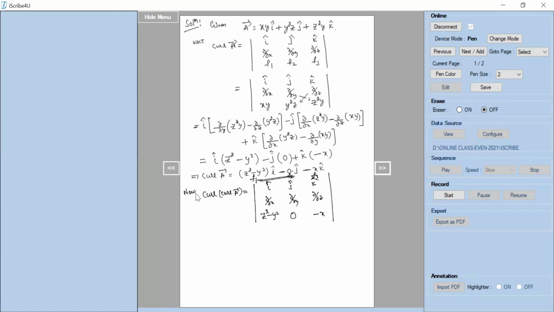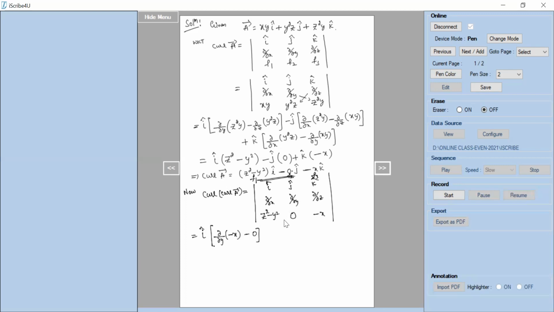Now we expand this, we get the curl of this. So this is equal to i cap into, leave this column, leave this row, product of these two: dou by dou y of minus x, minus dou by dou z into 0, which is 0 anyway.